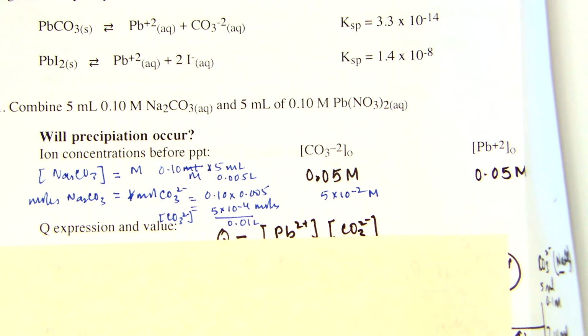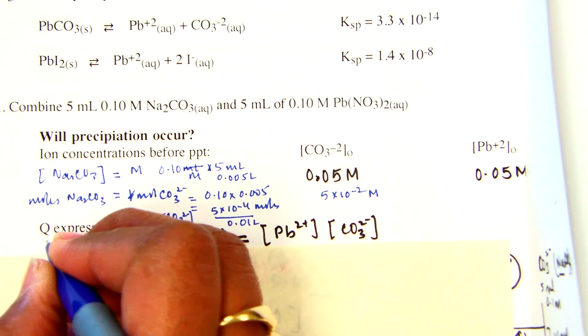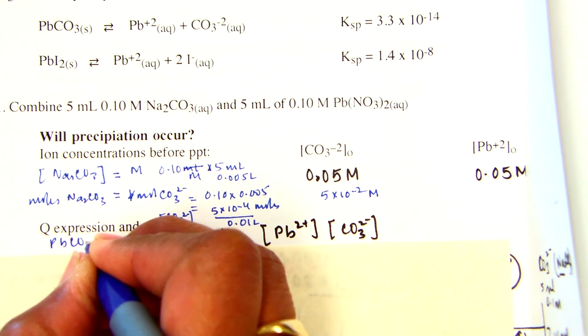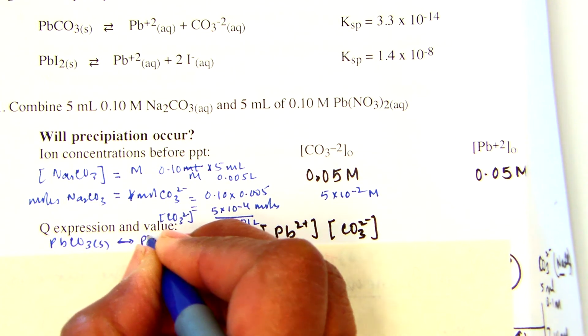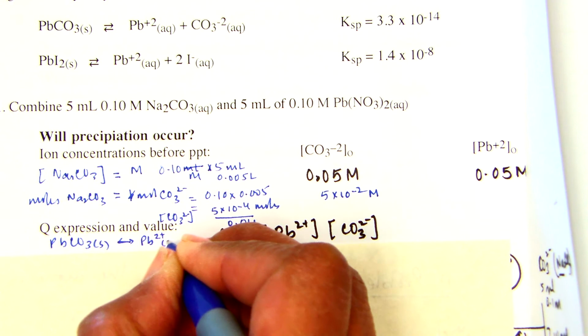And how did we get that? Remember, we got it from the equilibrium expression of solid lead carbonate with its ions in dissolved state. Remember, this will be very, very small amount, but it is measurable.